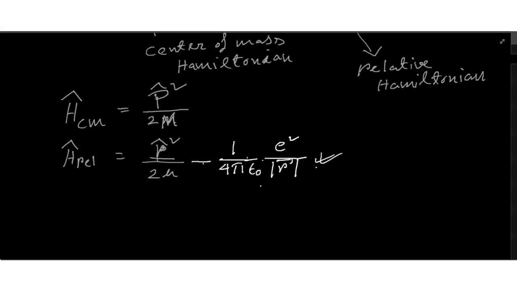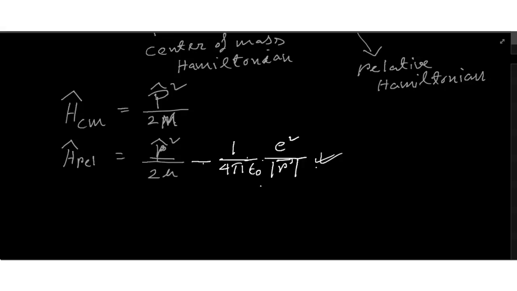Mathematically, this is a much easier problem to solve, and the Hamiltonian for the relative motion of the proton and electron will help us solve the mathematics associated with the hydrogen atom.